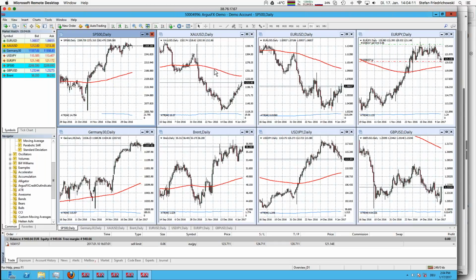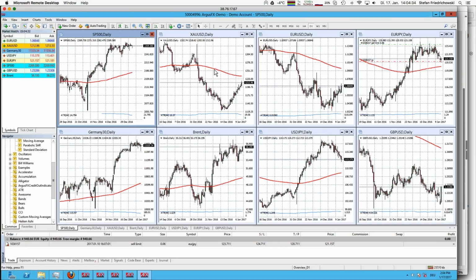EMA 200. The second indicator we use for our trading is the so-called ATR. The ATR stands for Average True Range, and that indicator reflects a little bit the volatility of the overall market of that specific underlying.